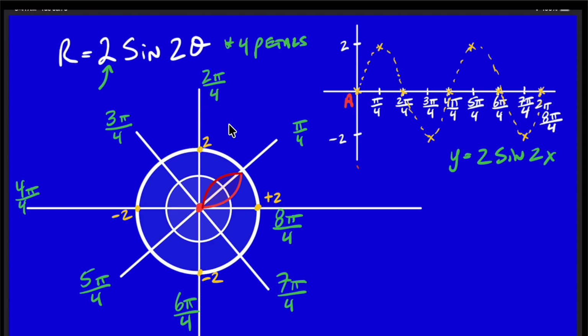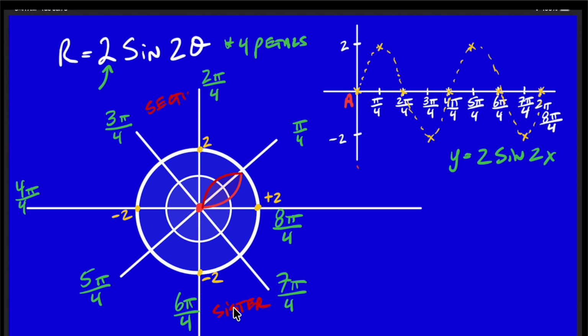Okay, next we're going to move from 2 pi over 4, where the r value is 0, to 3 pi over 4. And the first thing we notice is now we are negative. So between 2 pi over 4 and 3 pi over 4 should be this section here. But because we're negative, we're going to go right through the polar axis, and we're going to be working in this section, the sister section.